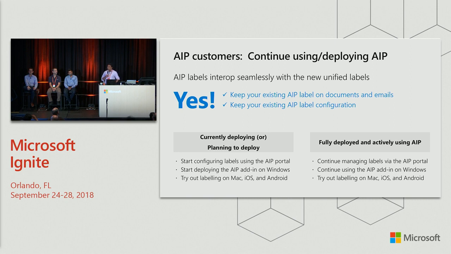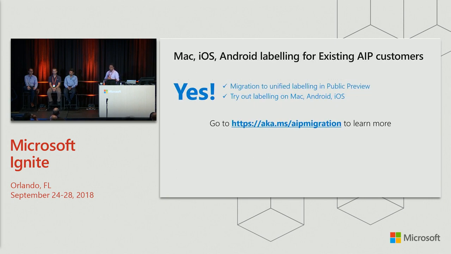More on the next slide. For customers who have already deployed AIP, and you came here panicking about what you're going to hear, it all just works fine. Continue using the AIP portal and the AIP add-in, and on the next slide, we'll talk about how you can try out these new capabilities on Mac, iOS, Android.